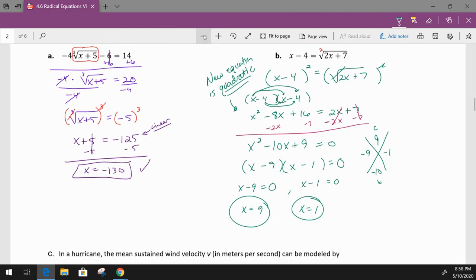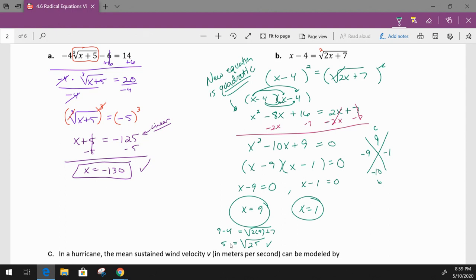If I substitute 9 back into the original equation for x, on the left side, 9 minus 4 would be 5. On the right side, 2 times 9 plus 7: 2 times 9 is 18, plus 7 equals 25, and the square root of 25 does equal 5.